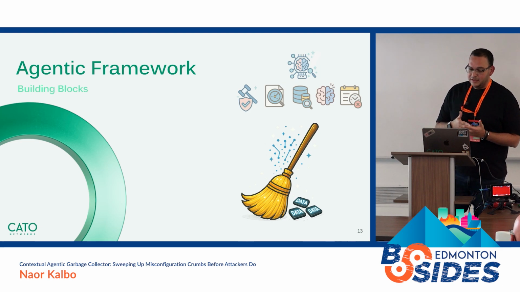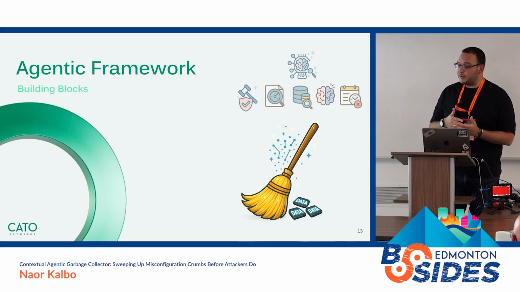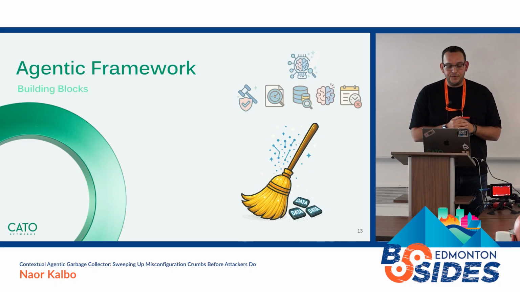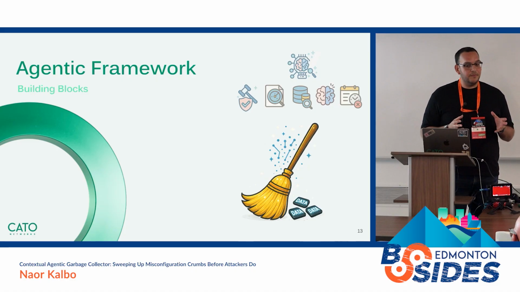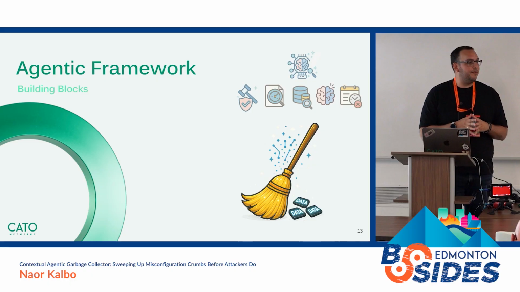What we are doing is delivering the sweeper to clean these crumbs away in advance. So in the next slides, I will present the agentic framework that makes all of this magic possible.